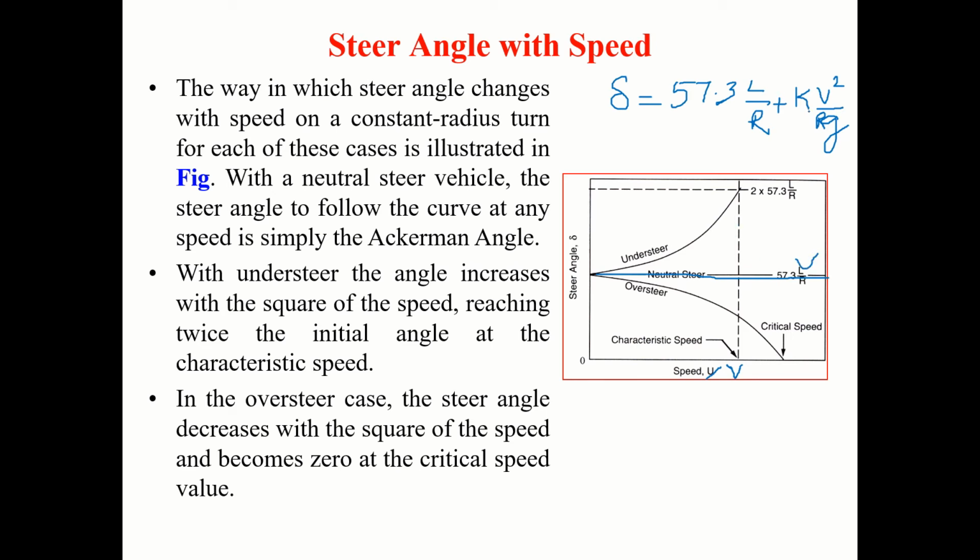If K is positive, means understeer vehicle. The delta value, as the velocity increases, it keeps on increasing. Means you want to take a turn at high velocity.